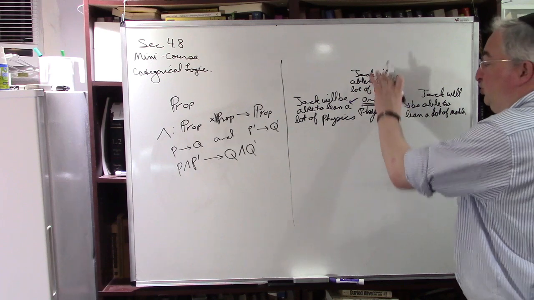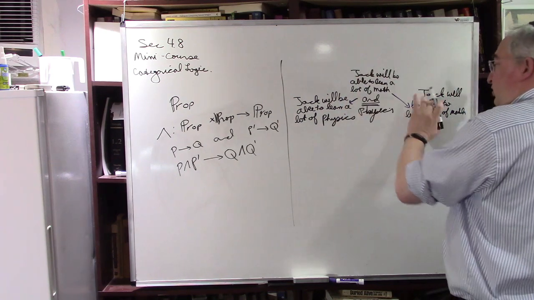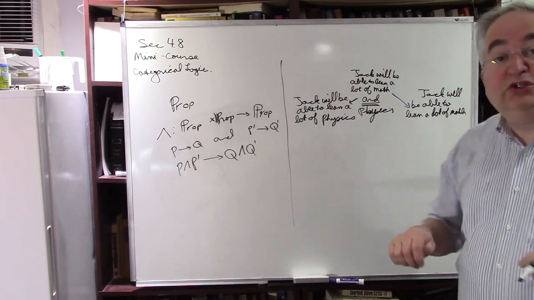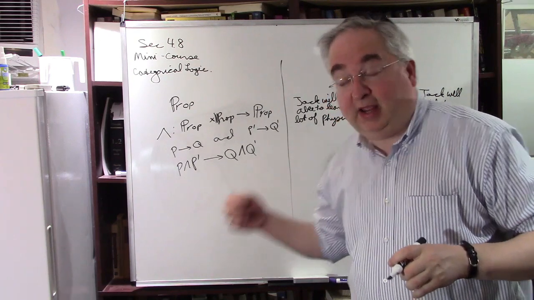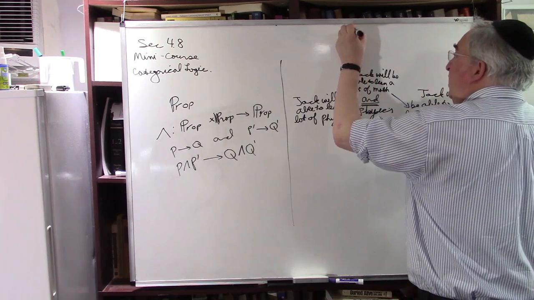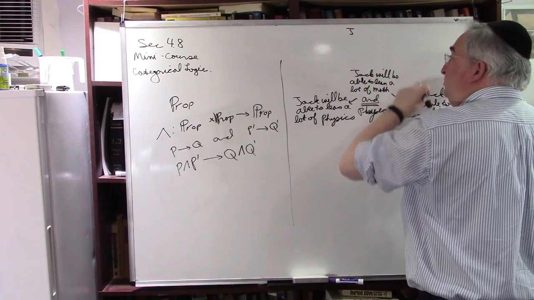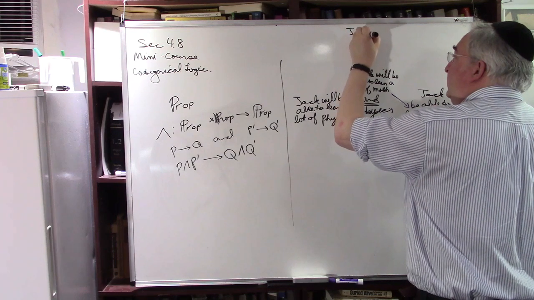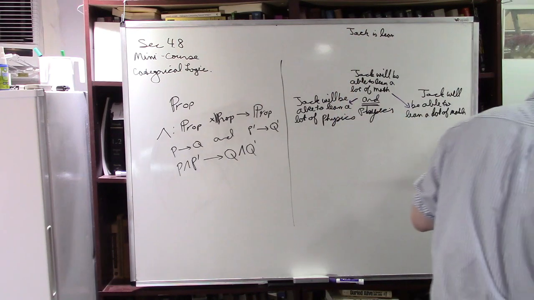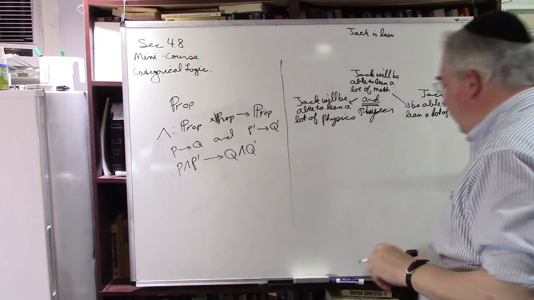Okay, if you can do both things, you can do this and you can do that. But more importantly, it satisfies the universal property of being a product, which means as follows: if you have something that implies both of them, for example, Jack is studying category theory.